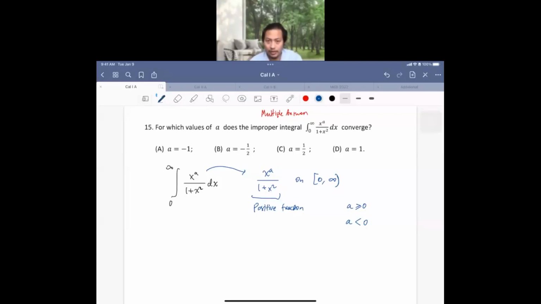Sometimes you can use the p test for improper integral. And also you can use the comparison test for testing whether the integral converges or diverges.